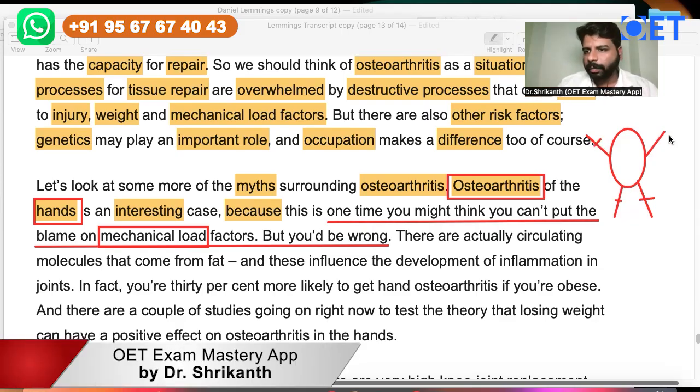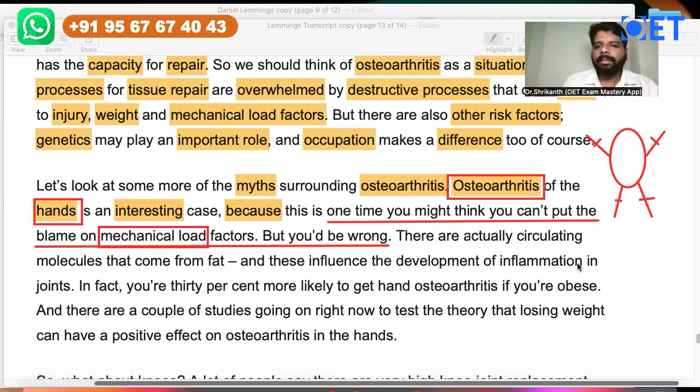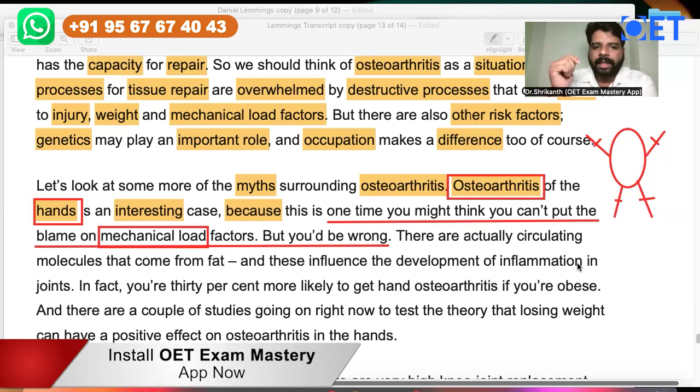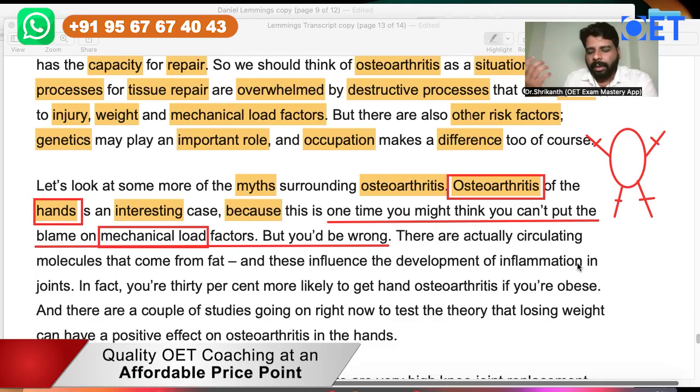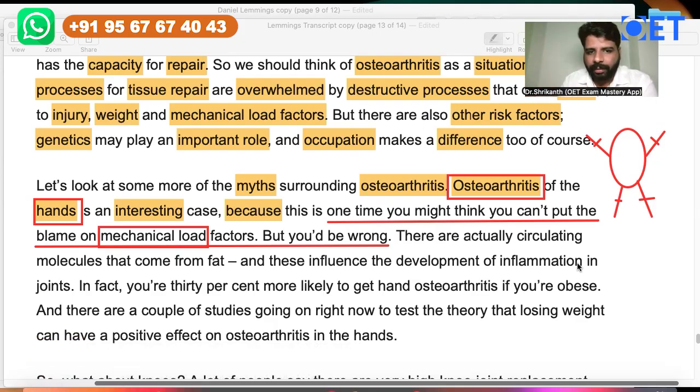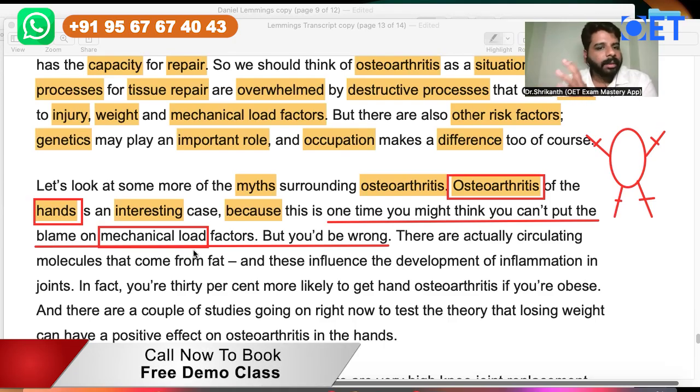But the hands don't have to carry any mechanical load. So if someone is having osteoarthritis of the hands, we cannot point fingers at the person and say, you are getting osteoarthritis of the hands because you're obese. People think the poor hands are not lifting, they are not under any kind of stress. So we cannot blame their body weight. Mechanical load basically means their body weight.